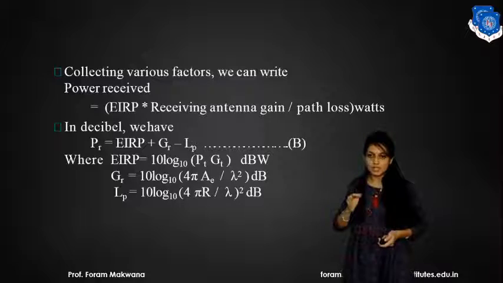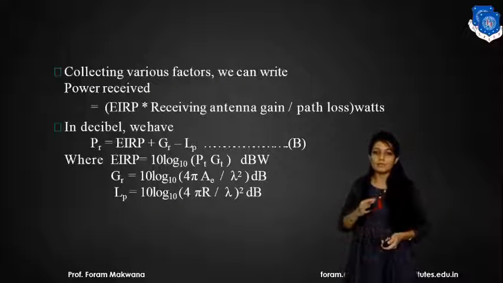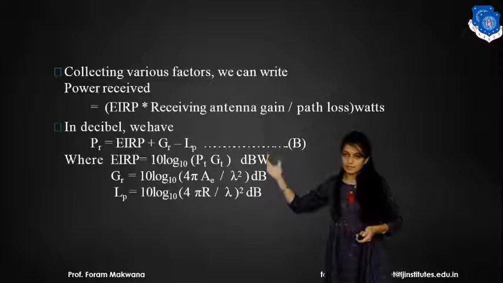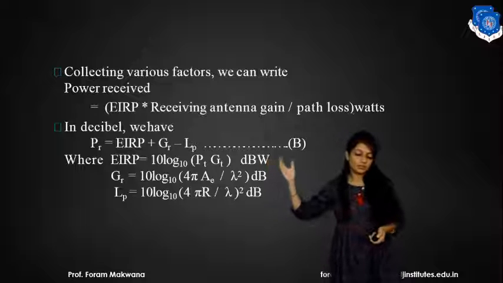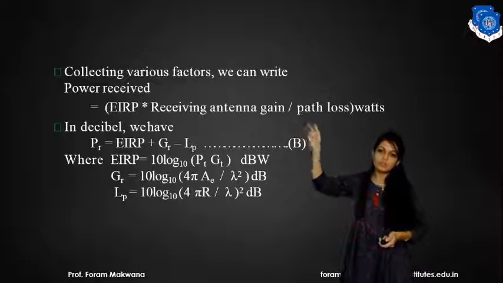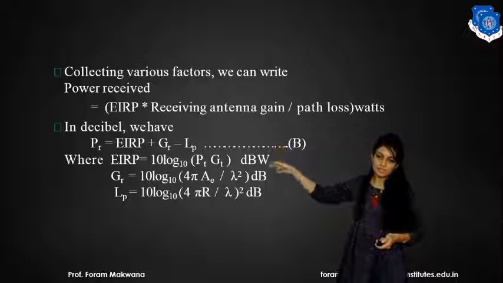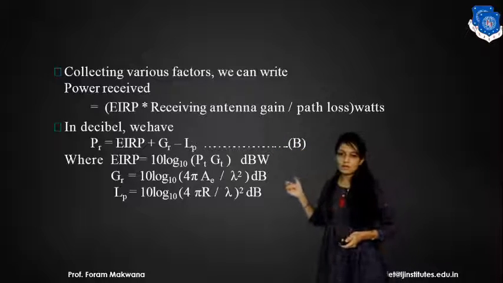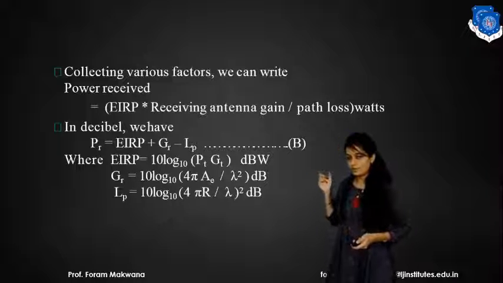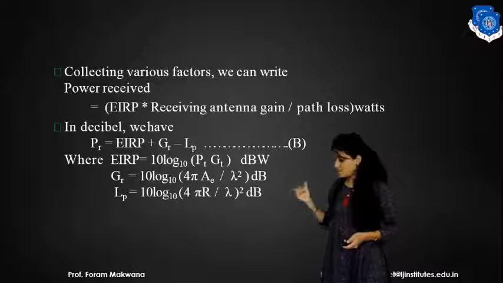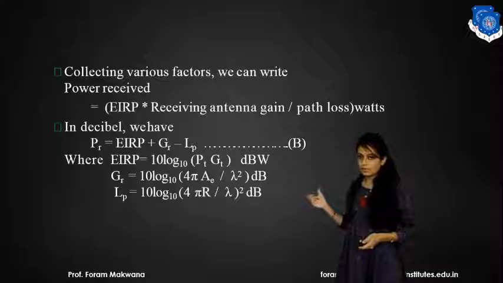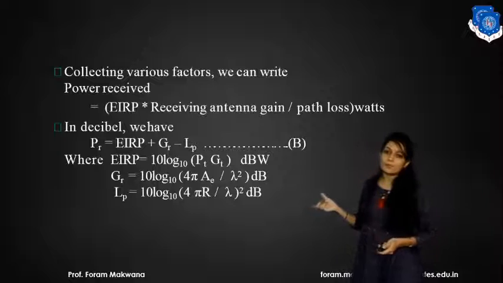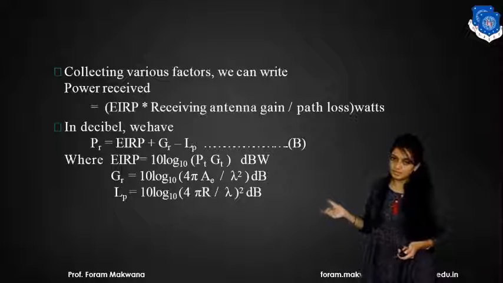So PT GT GR by 4 pi R upon lambda whole square is in watts. If you need to represent it in dB form, since it is in multiplication form, a plus sign will be there: plus GR minus path loss. EIRP means 10 log base 10 PT in dBW, GR means 10 log base 10 4 pi A upon lambda square, and the path loss means 10 log base 10 4 pi R upon lambda whole square in dB.